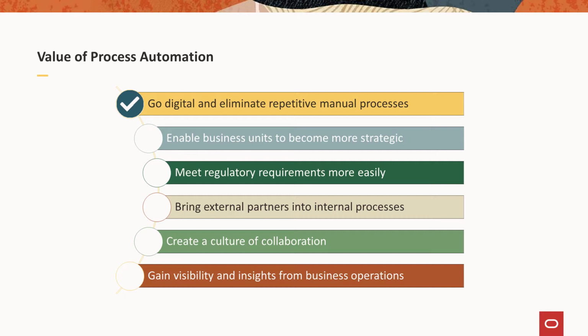As you are going digital and looking at various processes happening in your enterprise, you will want a strategic approach that helps you meet regulatory requirements, roll out your processes to external and internal partners and users, drive a culture of collaboration, as well as remove ambiguity from what is happening with manual processes today, streamline them, and enable business units to gain visibility and control of those business processes.